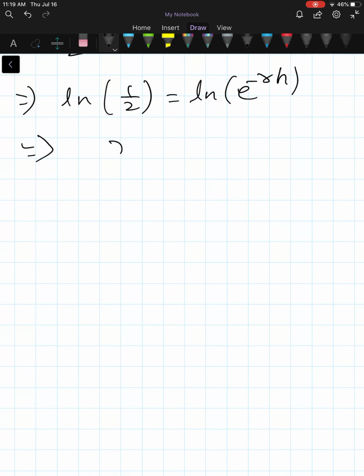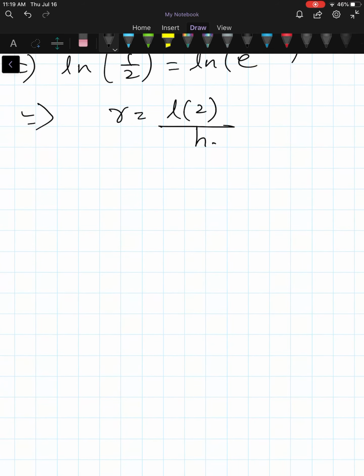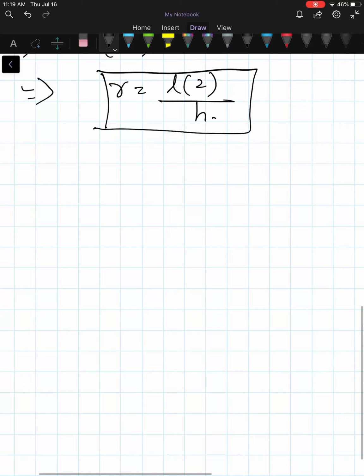So this would be r is equal to ln of 2 divided by h. So we solve for r. This is the solution for r. This last equation allows us to find the relative decay rate r using the half-life h.